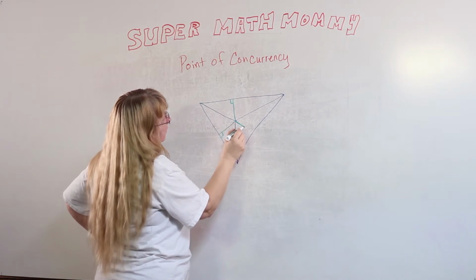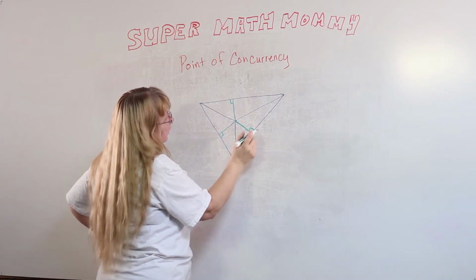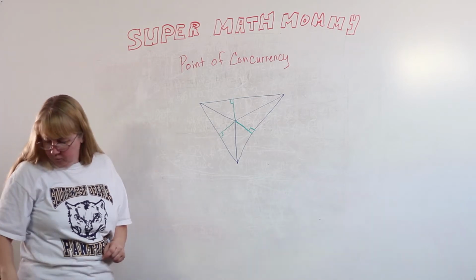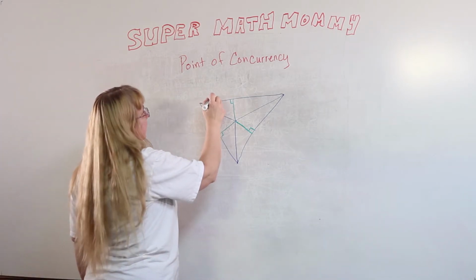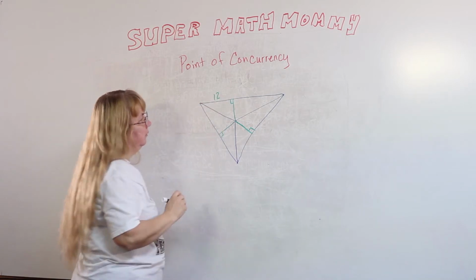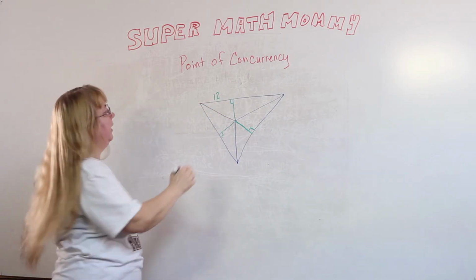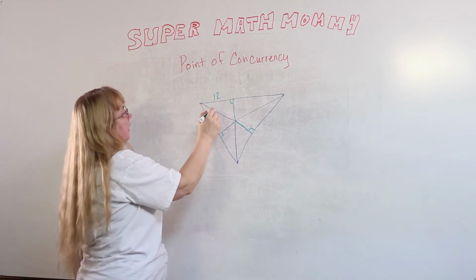So we're just dropping a perpendicular line. Now, let's say that we know that this side is 12. This segment here is 12.